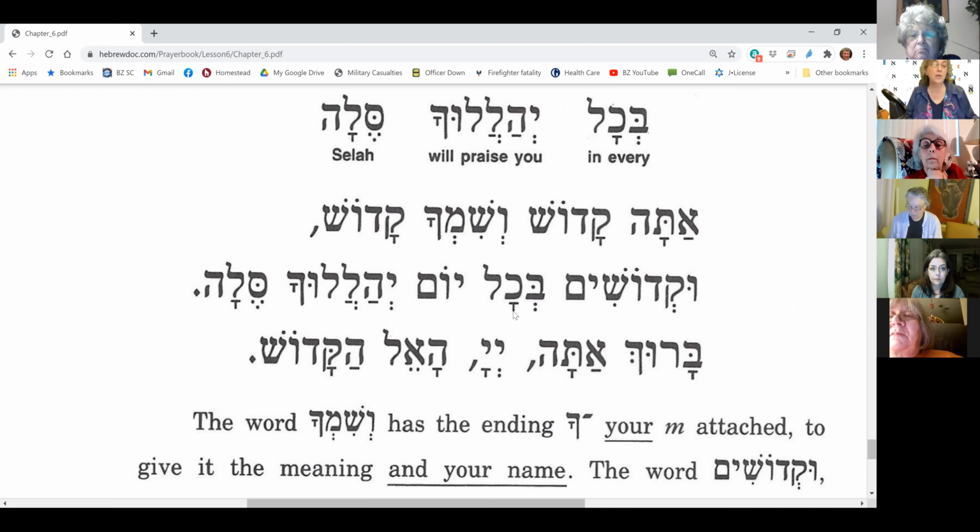So if I took away the b, then it would be kol. I take out the dagesh in the kaf, because this is a moving shva. There's never a dagesh after a long vowel, and there's never a dagesh after a moving shva. So b'chol means with all, let's say, or on all, or every, and yom. So it's on every day.